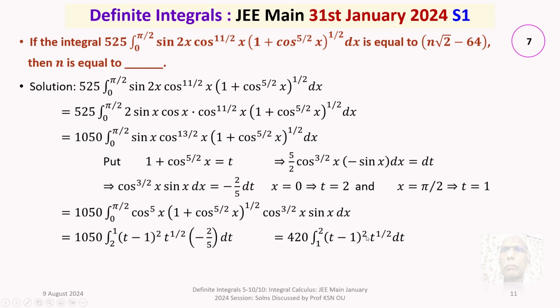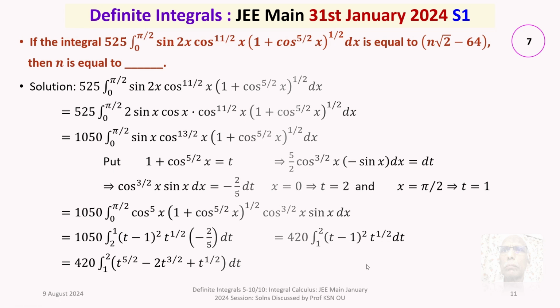So we got this one, and that is 420 into t minus 1 whole square, which is t square minus 2t plus 1, multiplied by t to the power of 1 by 2. That will be t square into t to the power of 1 by 2, t to the power of 5 by 2, minus 2t to the power of 3 by 2 plus t to the power of 1 by 2, after multiplying by t to the power of 1 by 2.